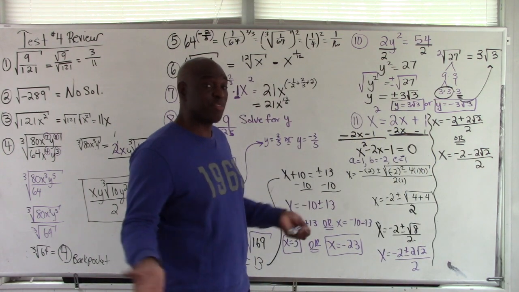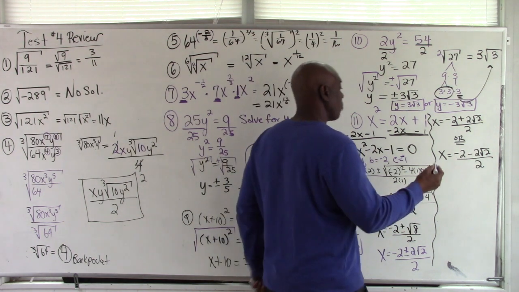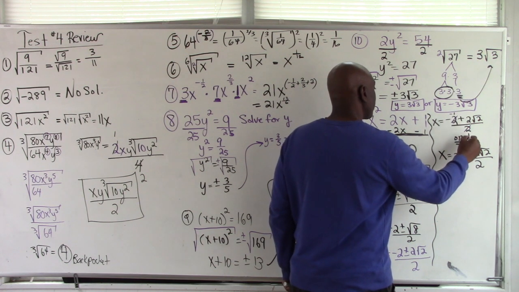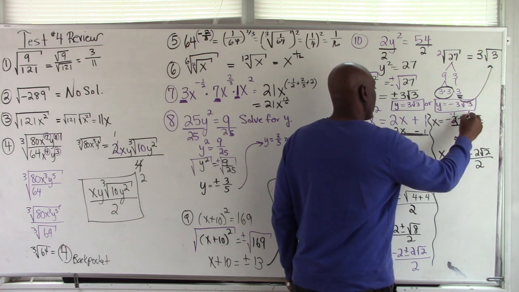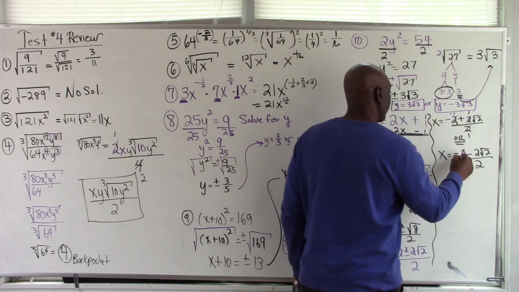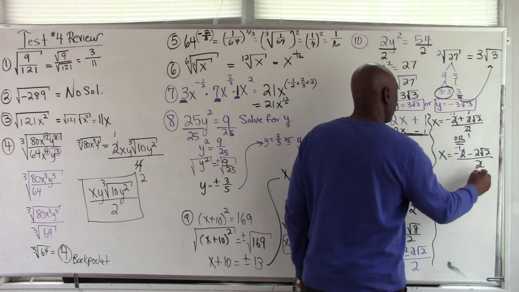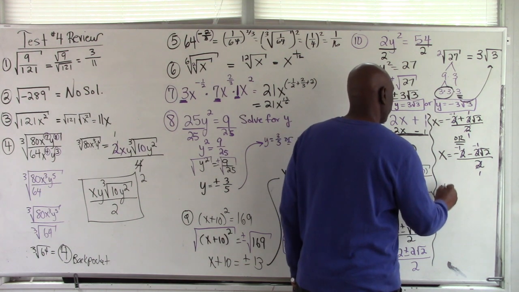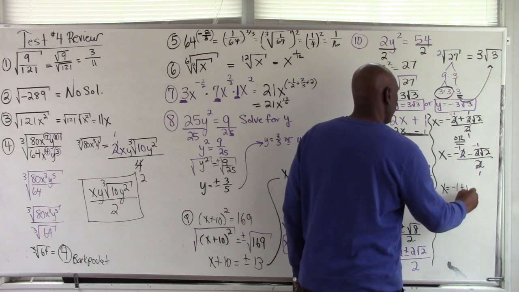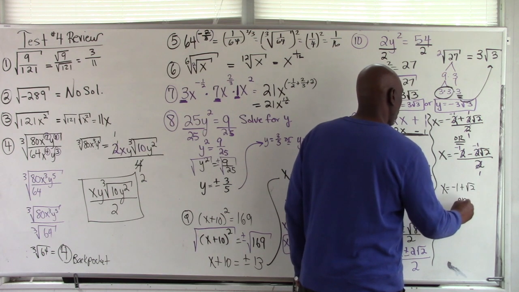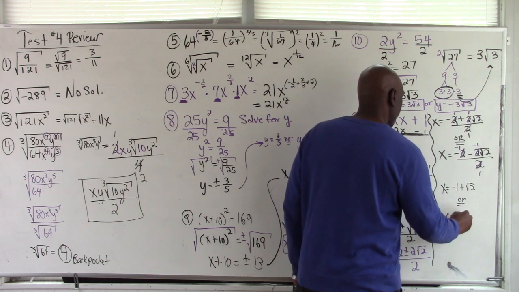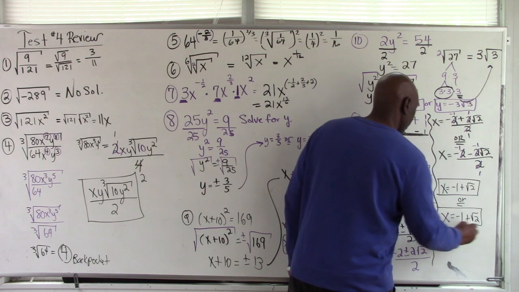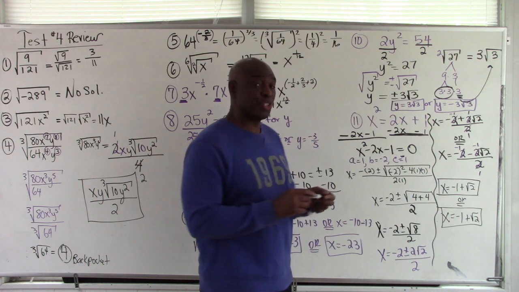Well, this has to be simplified even further, because the 2 can be divided into this -2 -1 times, and then 2 goes into +2 1 time. Same thing here. So we get x equals -1 plus root 2, or x equals -1 minus root 2. And those are your two answers. Those are your two values of x.